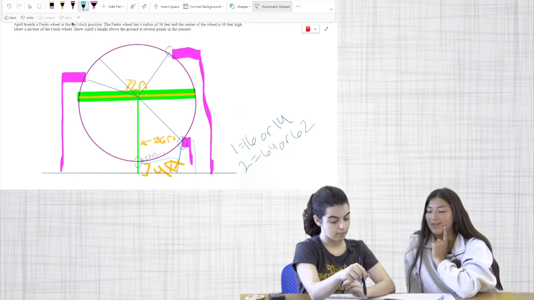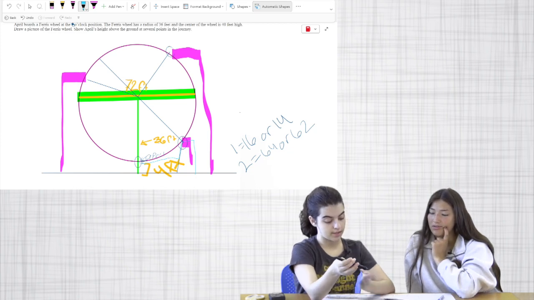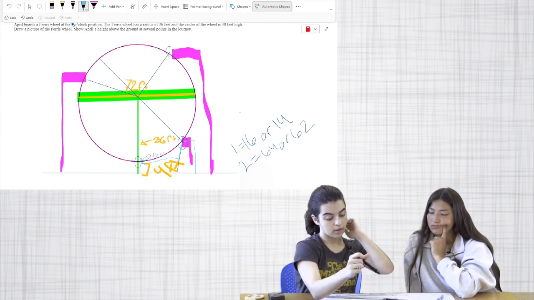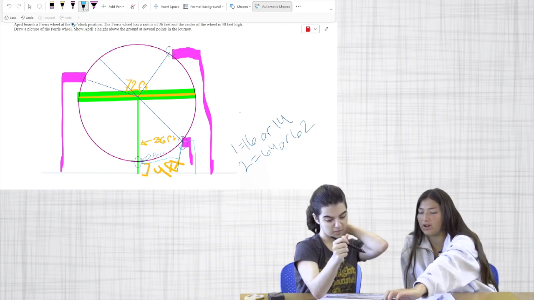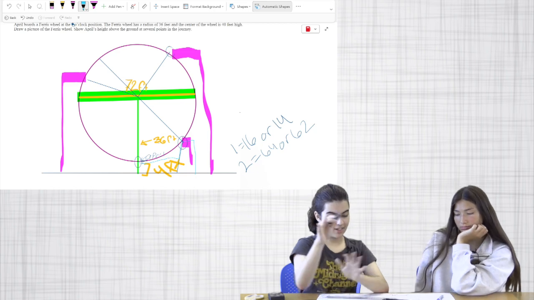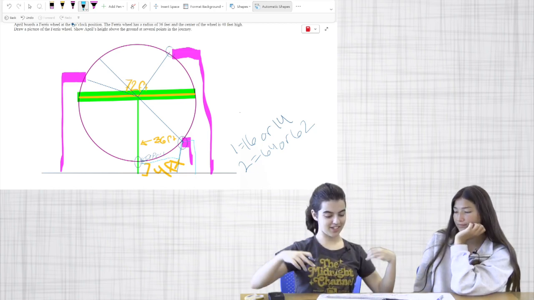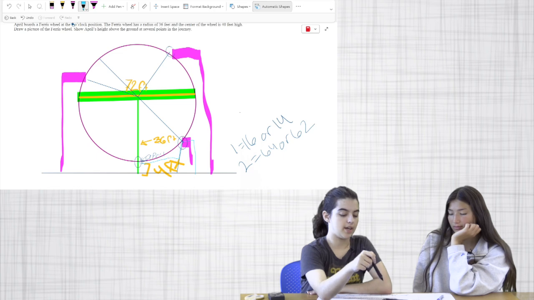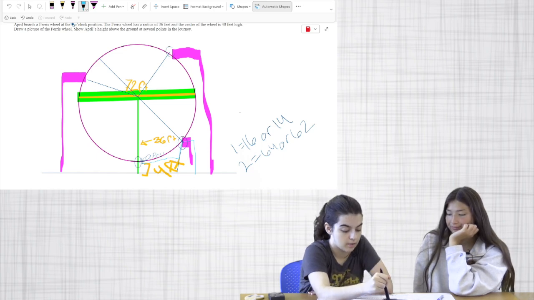But then what I was thinking is, are we measuring it from the ground to here or from the bottom of the Ferris wheel to here? From the ground to here, but it's like a process. So here we're measuring a minimum portion of this midline.